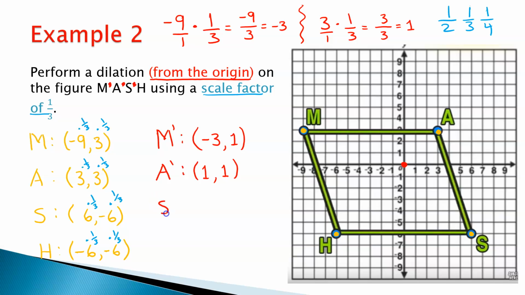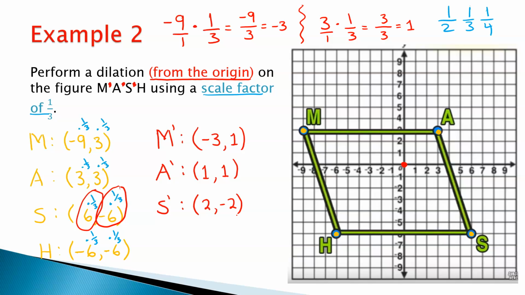Let's go through S prime. Same thing with this one. I have 6 times 1/3. I could multiply that, but again, 6 times 1/3 is the same as dividing by 3. So 6 divided by 3 is 2. Same thing here, except in this case, it's -6 divided by 3, which is -2. All right.